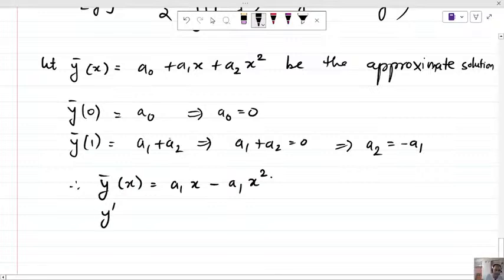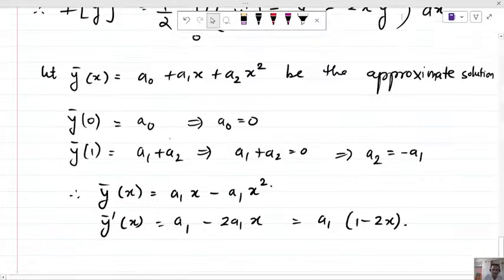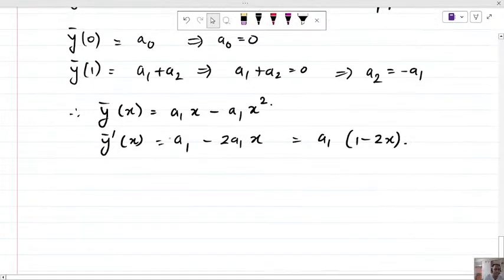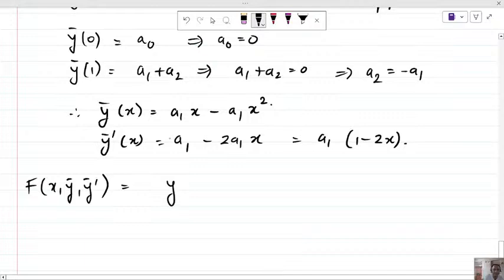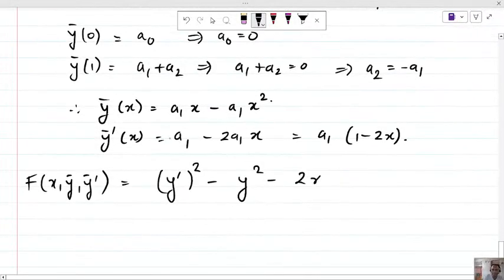And when I do y bar dash of x, I will get a1 minus 2 a1 x, which is a1 times (1 minus 2x). Now again we will substitute it in the given variational functional, I(y bar), where it is y dash the whole square minus y square minus 2xy.